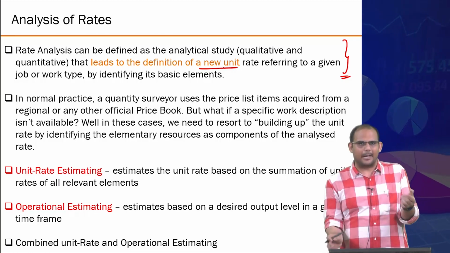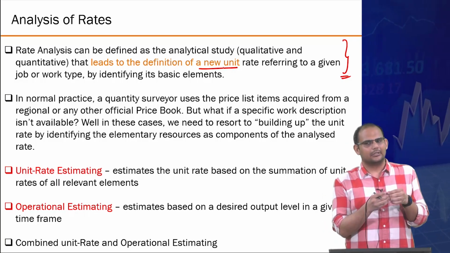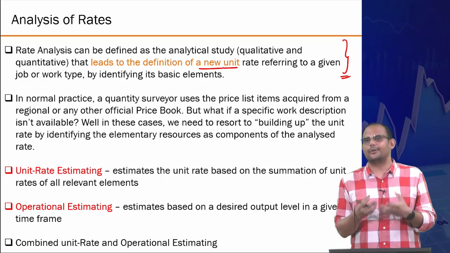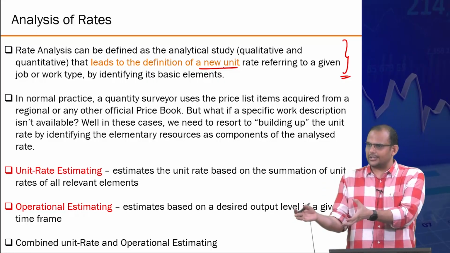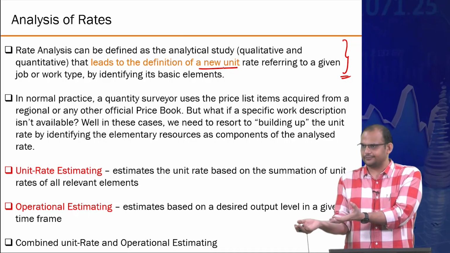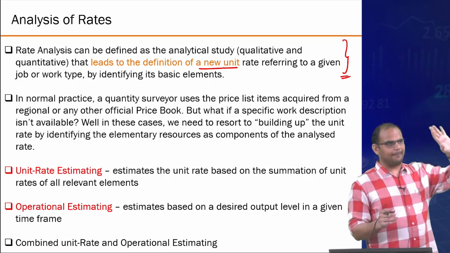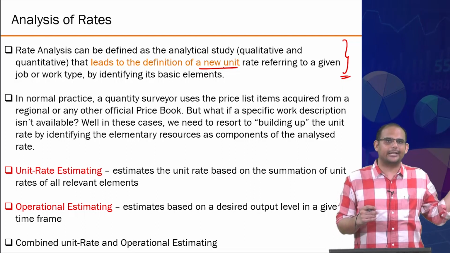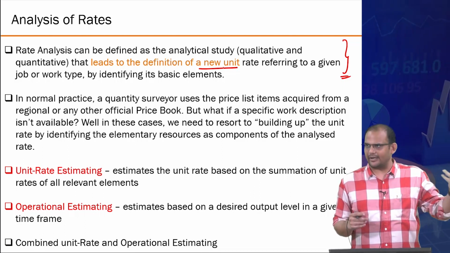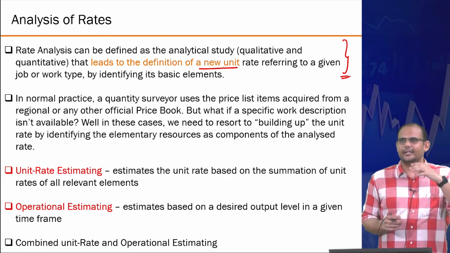Now, the definition of unit keeps on changing. That's the tricky part, because you cannot have one uniform way to define a unit. Concreting work you define through cubic meter, right? Usually it's a volume density. Wall paint job, you usually define in meter square, which is the surface area, right?